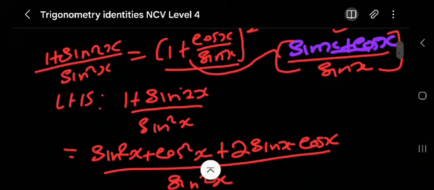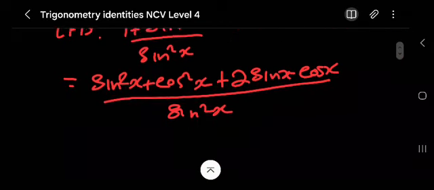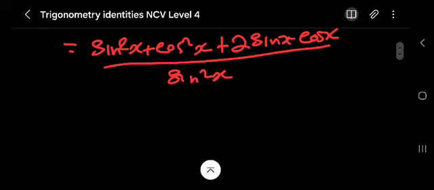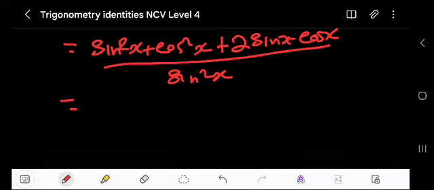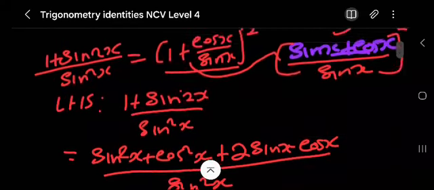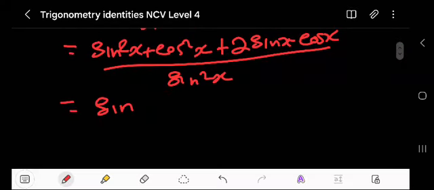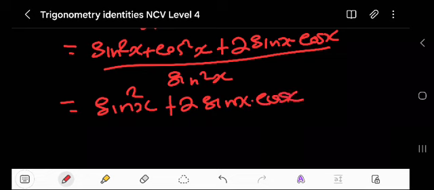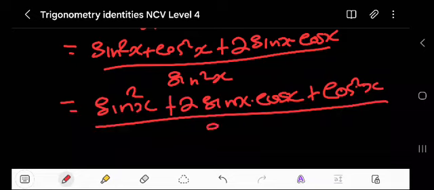Let's check here. We have sine. Okay, we're on the right track. Let us not change this one. Then this is the same as sine squared x plus 2 sine x multiplied by cos x plus cos squared x all over sine squared x.